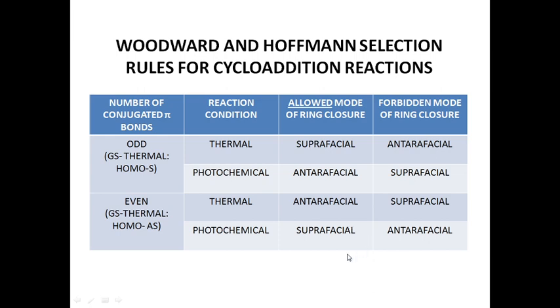Photochemical condition, suprafacial. But even though it is allowed, you have to check whether the ring size is lesser than 6 or greater than 6. All these other modes of ring closures are forbidden. You are not going to have those overlaps.